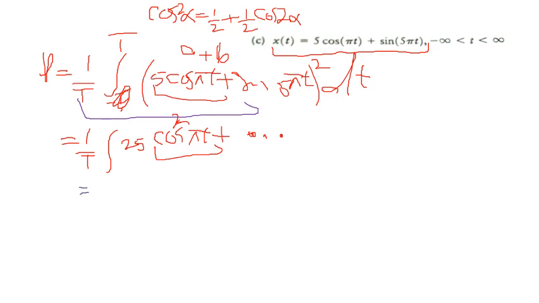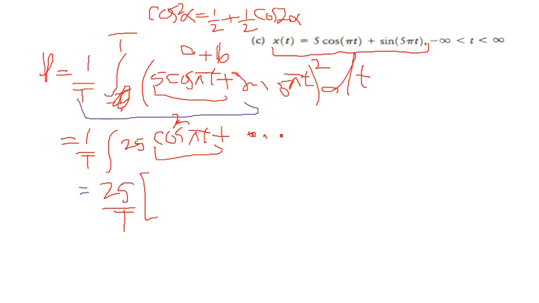So if you take this part, then 25 can be taken out, so I just write 1 by T. So you have cos square pi t. Cos square alpha is 1 by 2 plus 1 by 2 cos 2 alpha.